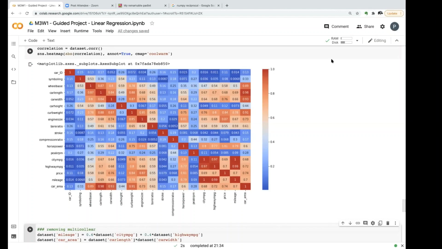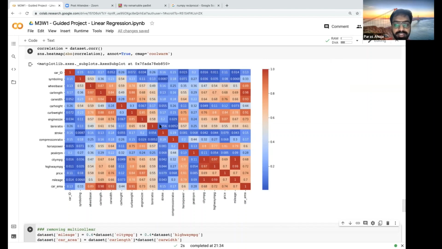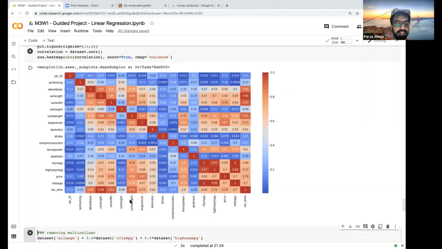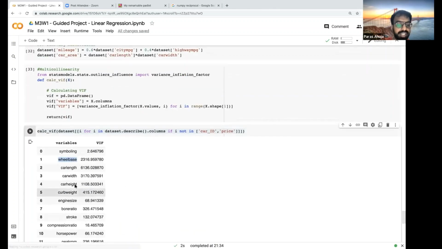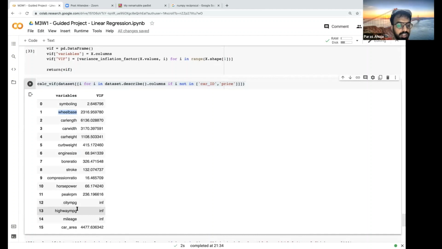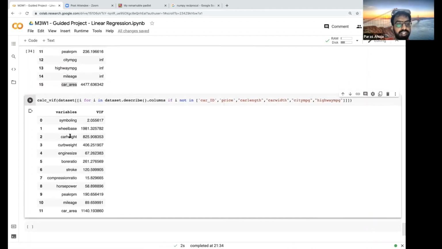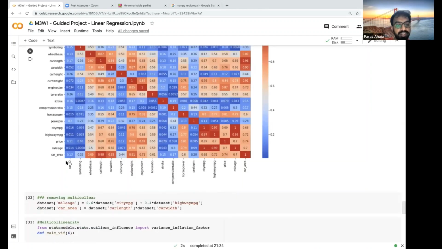Let me explain. You have this correlation analysis again with car area and mileage included. With this VIF analysis, we are seeing that wheelbase and car area have similar kinds of VIF values. So we come here and check their correlations, and they are substantially high: car area and wheelbase 0.89.